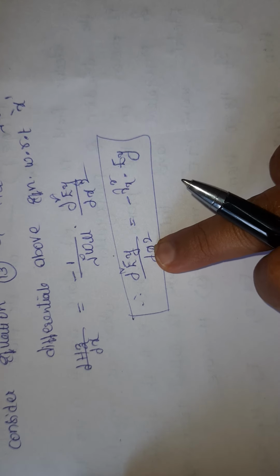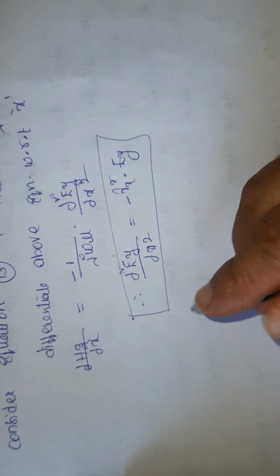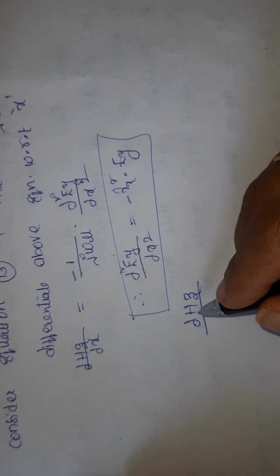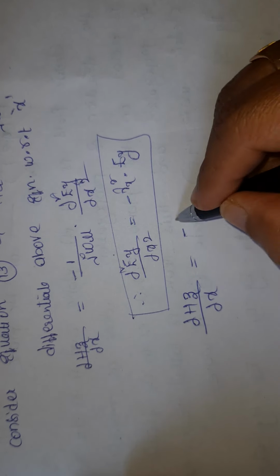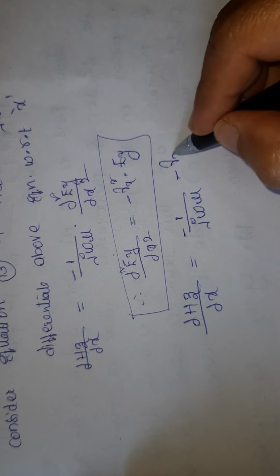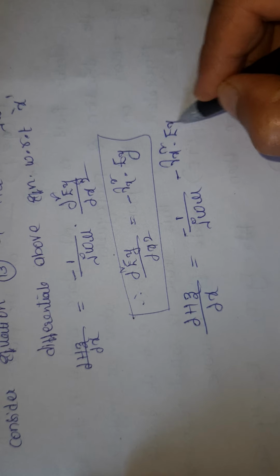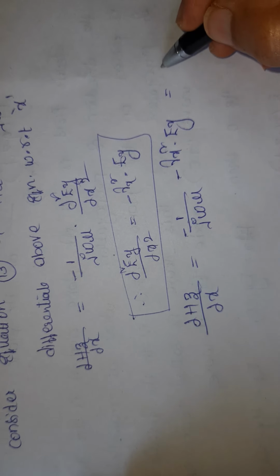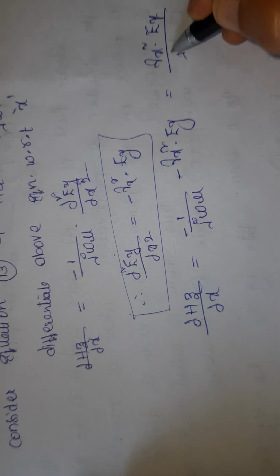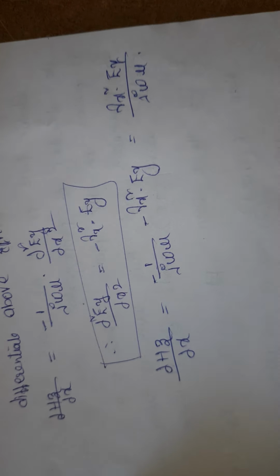Let us substitute this in the earlier equation. Dou Hz by dou x is equal to minus 1 by j omega mu into minus gamma x square into Ey, which is equal to gamma x square Ey by j omega mu.